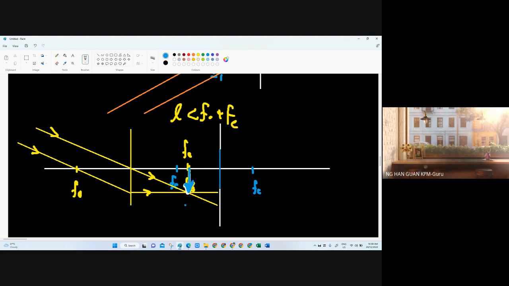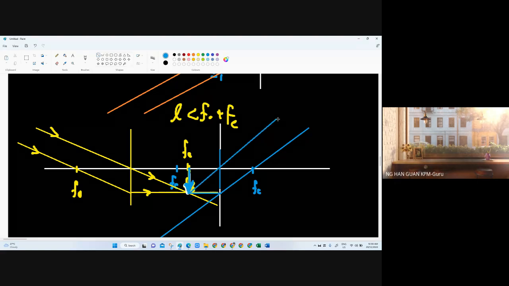Now in this case, we continue this with the first image as the object, parallel with the principal focus, and after that it goes through the focus point here, and then we have to extend it. This is the first one, and the next one goes to the optic center.